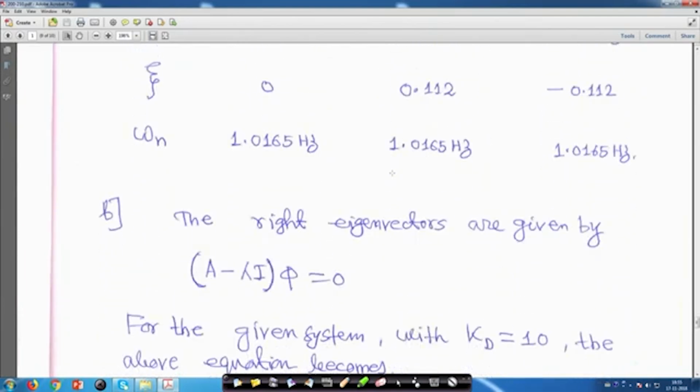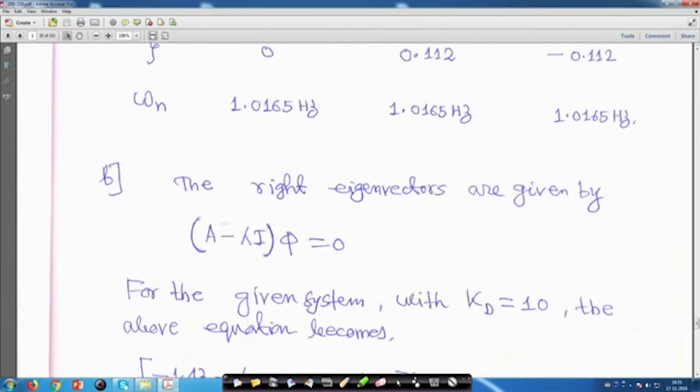Now, part B, the right eigenvectors are given by A minus lambda I into phi is equal to 0. We have seen this at the beginning, the right eigenvector and left eigenvector. If you get the right eigenvector, you will get the left eigenvector also.